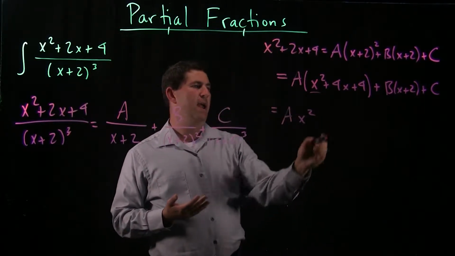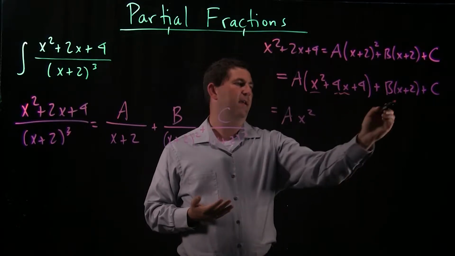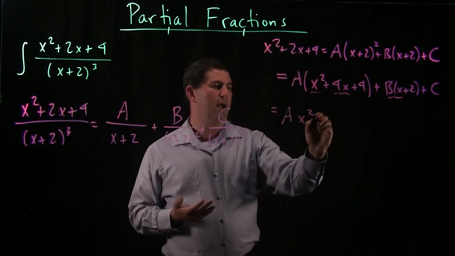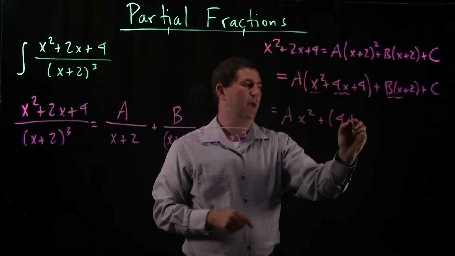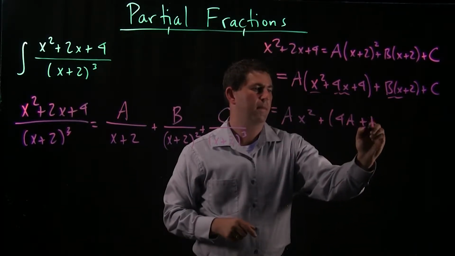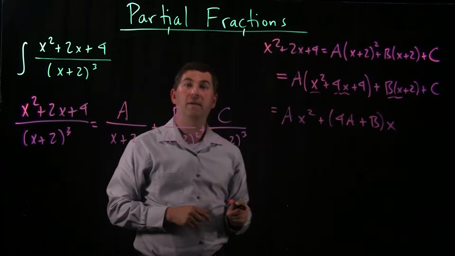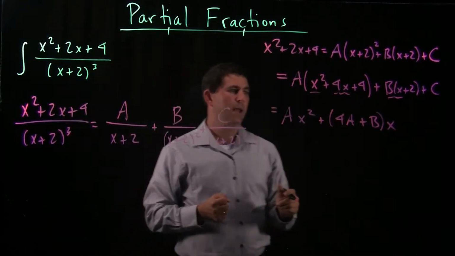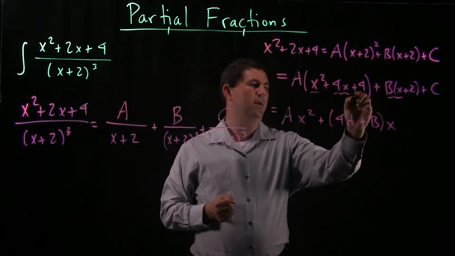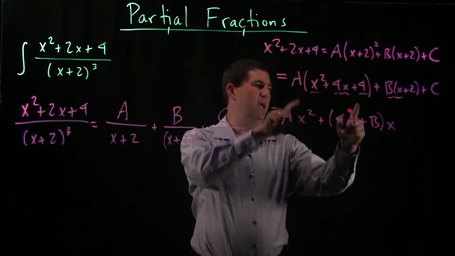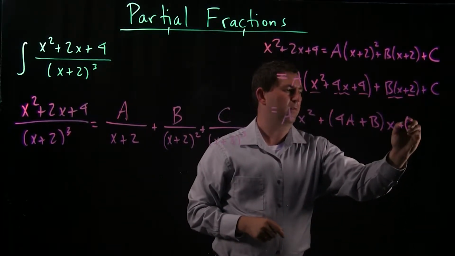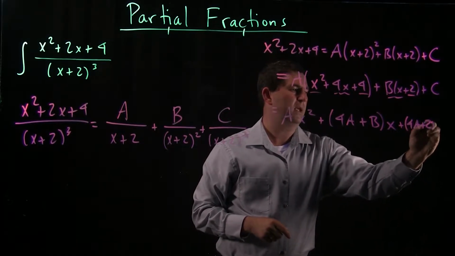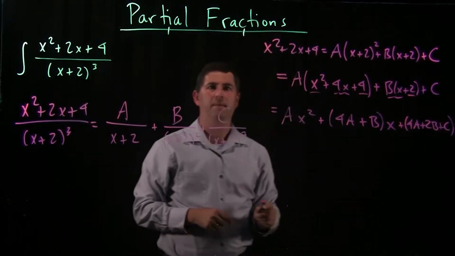And now let me find my x's. There's an x and there's an x. So I have 4A x's, and I have B x's. So in total, I have 4A plus B x's. And now my constants. There's 4A, a 2B, and a C. So 4A plus 2B plus C.